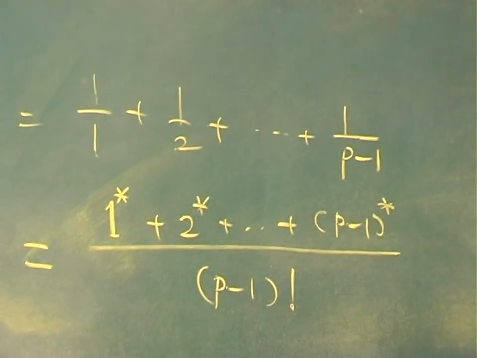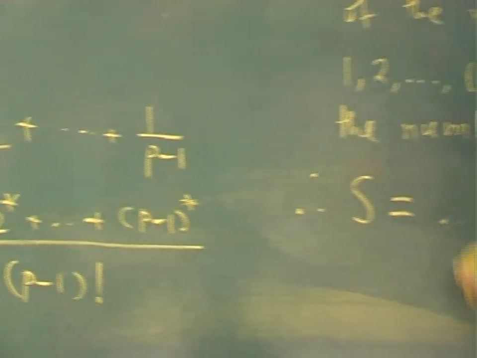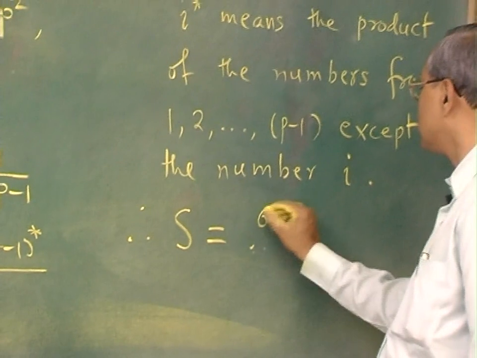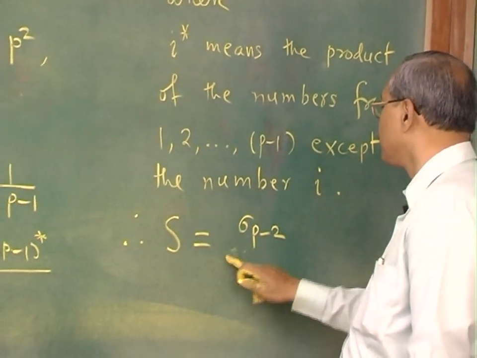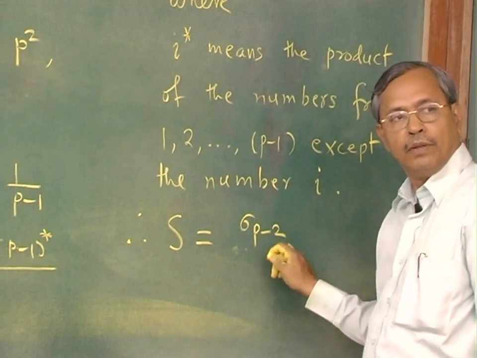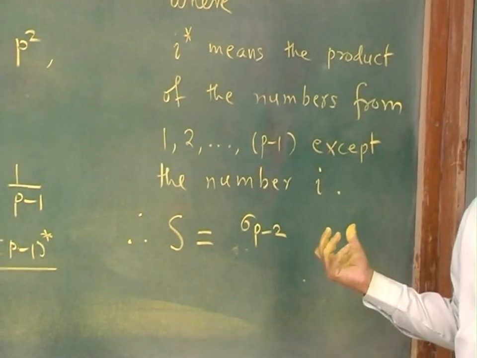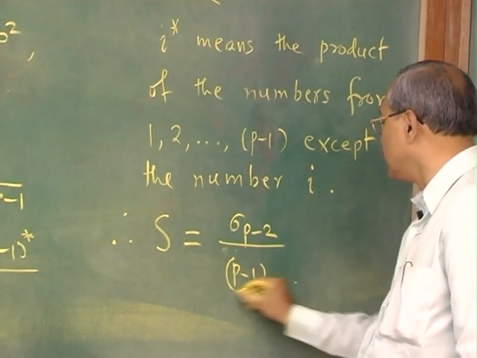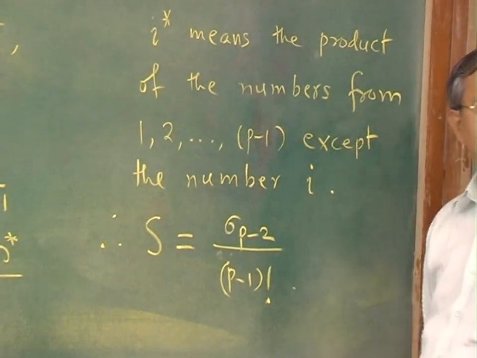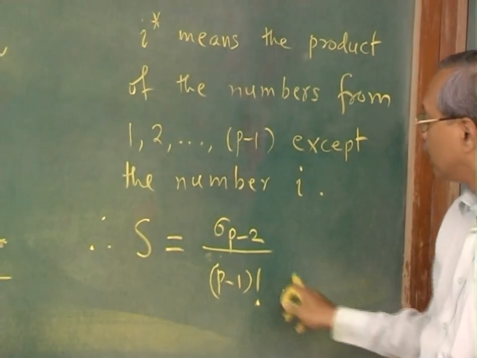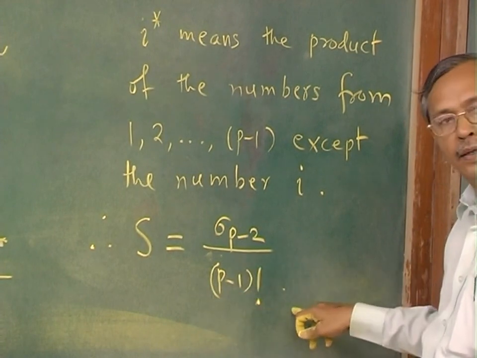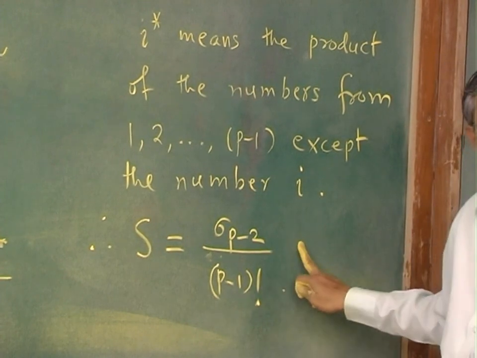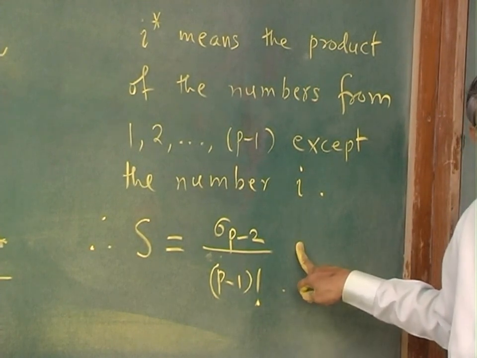Therefore S equal to, the numerator is now sigma p minus 2: the sum of the products of the numbers taken p minus 2 at a time, divided by p minus 1 factorial. And note that this denominator is not divisible by p, whereas the numerator is divisible by p square because of the Wolstenholme congruence.